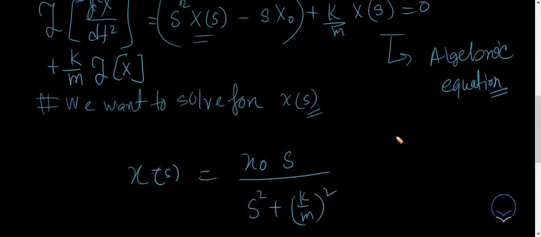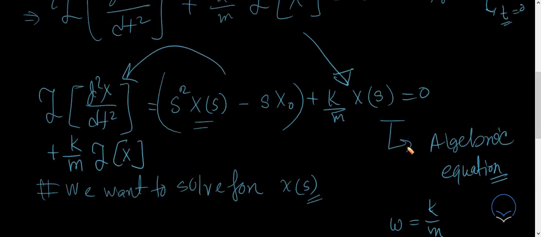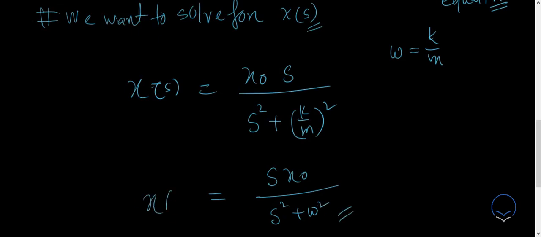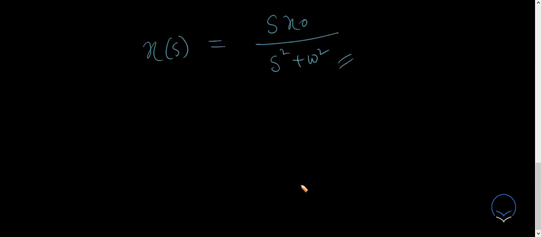Let's denote k by m as omega squared, and you can write it like s x0 over s squared plus omega squared, right? This is the Laplace transformation of x of t.